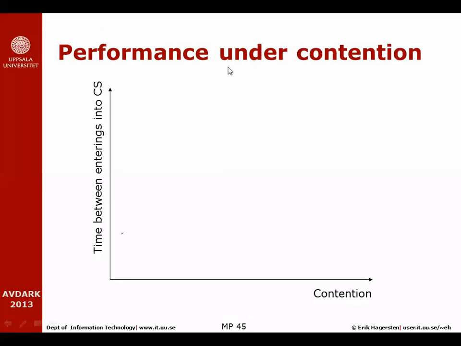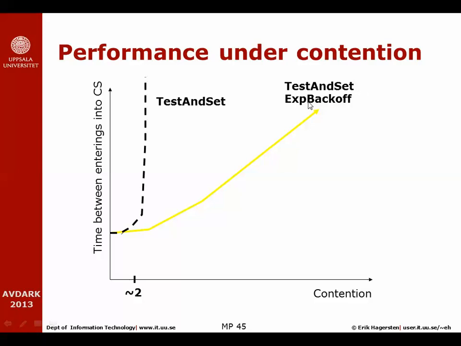So in summary, looking at all these different kinds of implementations of synchronization, if you look at the time between entering into the critical section and how that is affected by contention, we have the test and set algorithm that's good at 2, 4, 6, but then it goes up fairly steeply. We have the test and set with exponential backoff, that's better.